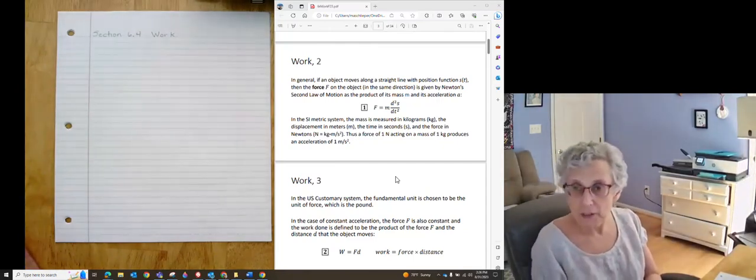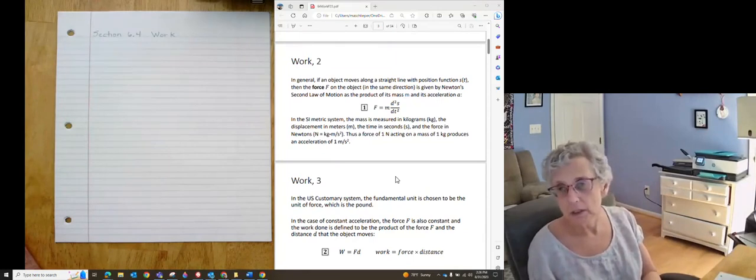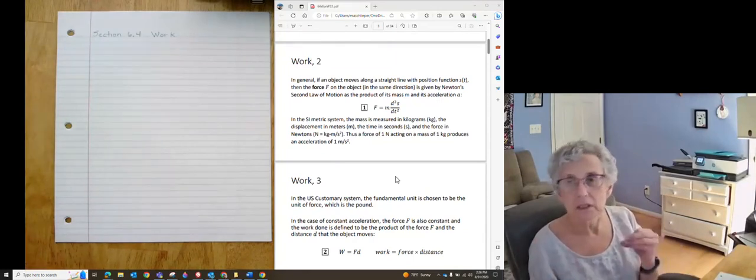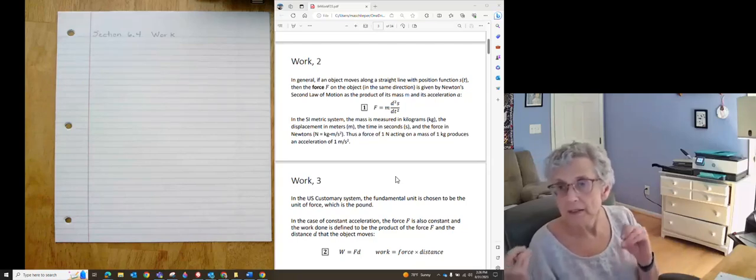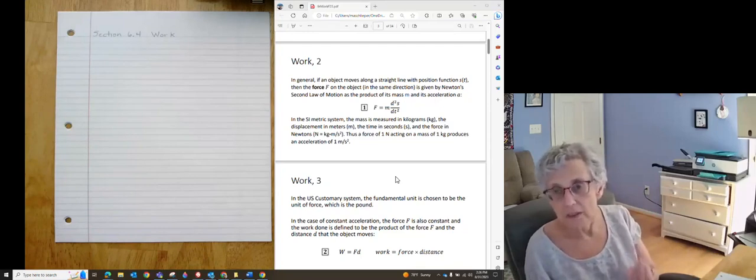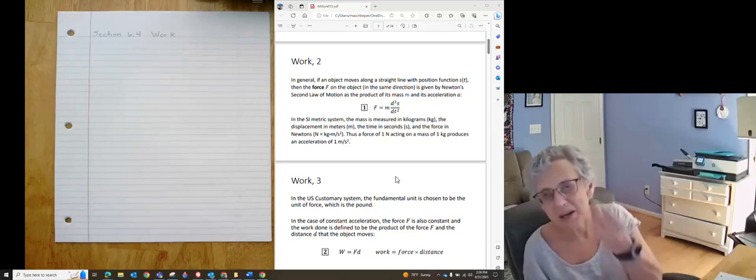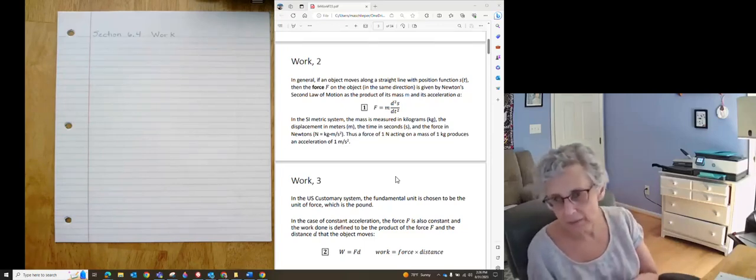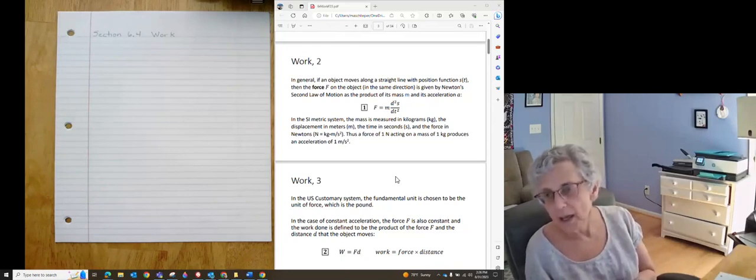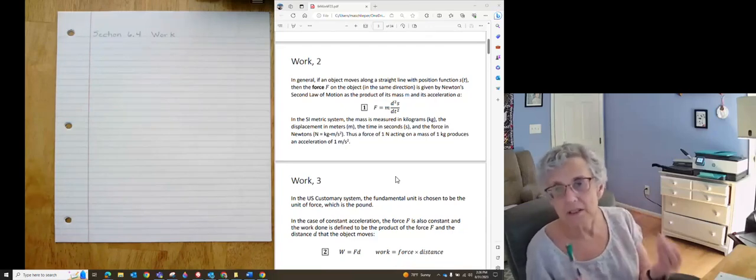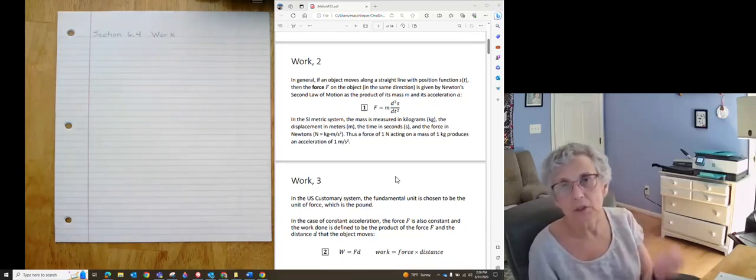In the metric system, mass is measured in kilograms, displacement in meters, and time in seconds. The force is in newtons, which is kilogram times meters per second squared. So 1 Newton acting on a mass of 1 kilogram produces an acceleration of 1 meter per second squared.